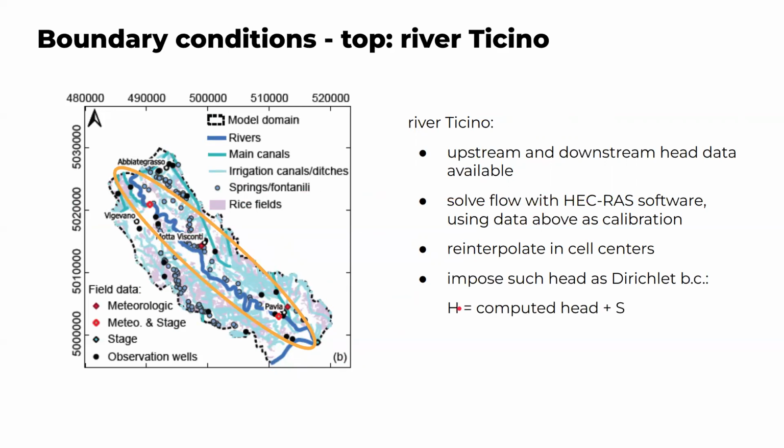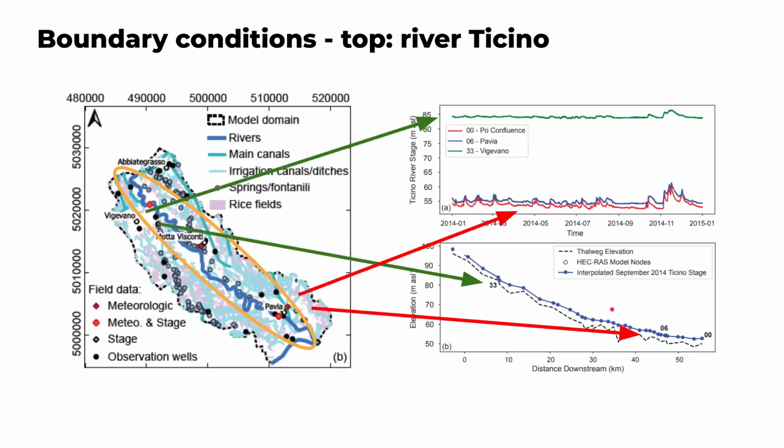And actually, the head of the pressure on the river is this computed head plus a slack S, again ±1. So our base level of the river is the computed reinterpolated level plus or minus 1 meter. And again, this correction is part of the UQ analysis.